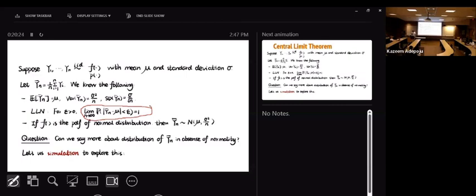When I know the distribution of random variable y, I can actually talk about the distribution of y bar. That is, if I know the underlying probability distribution. That is why, if you take a look at the question, what of a situation where we can say more about the distribution of that in the absence of normality?